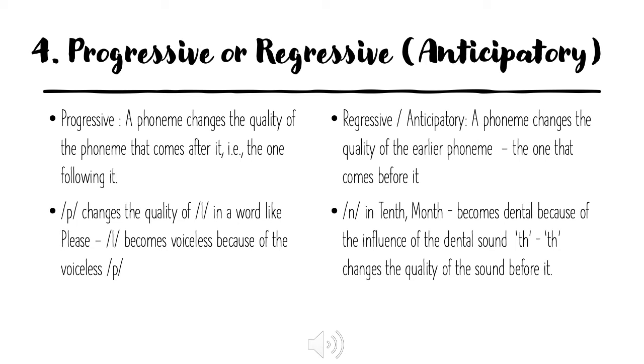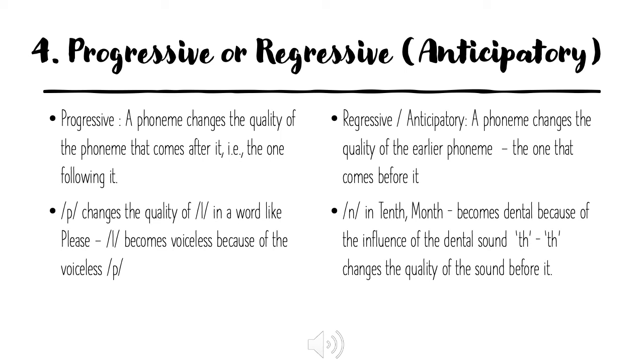So regressive or anticipatory assimilation is one where you have a phoneme changing the quality of the earlier phoneme, the phoneme that goes before it. As for example, in a phrase like 10th month. What is the change that occurs here? In 10th and month, the n in both these words becomes more of a dental sound. Why? N is not a dental sound by itself. It is an alveolar sound.